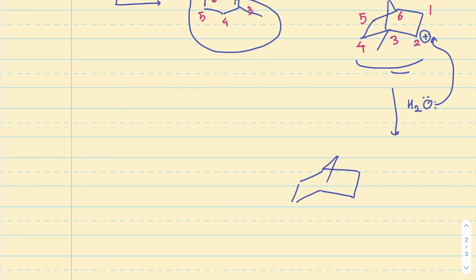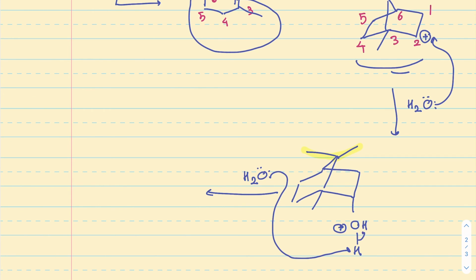And due to the steric hindrance of this dimethyl bridge, the attack apparently takes place more predominantly from the bottom face of this ring. And I get my OH down here, and then all that needs to happen now is that another molecule of water has to come in and abstract this hydrogen. And then I have the product.